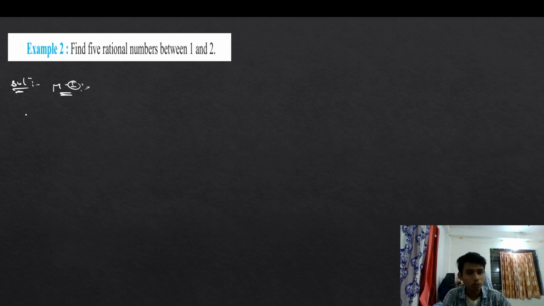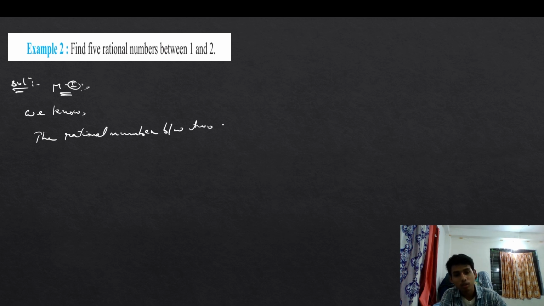We know the formula that the rational number between two numbers is equal to first number plus second number divided by 2.